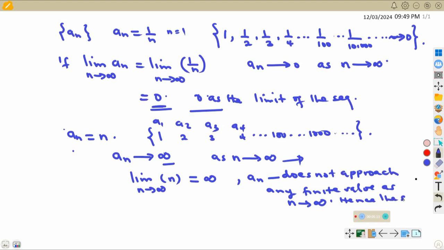There is no value which the terms of the sequence will be approaching when n is becoming big. So that is basically some few examples, but we shall come to more examples as we go on.